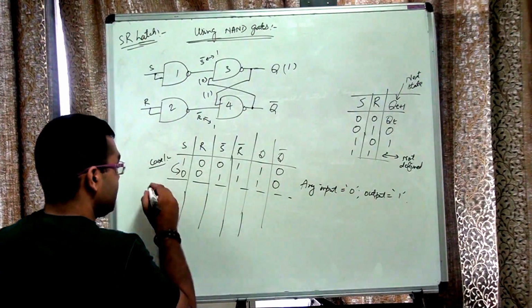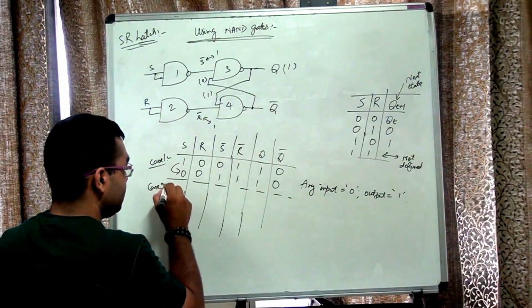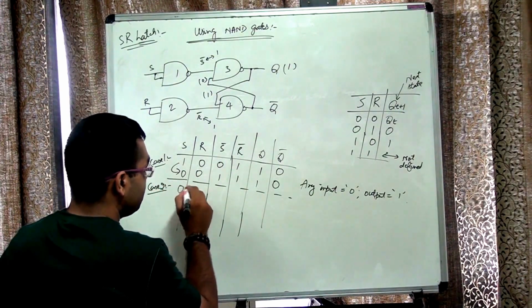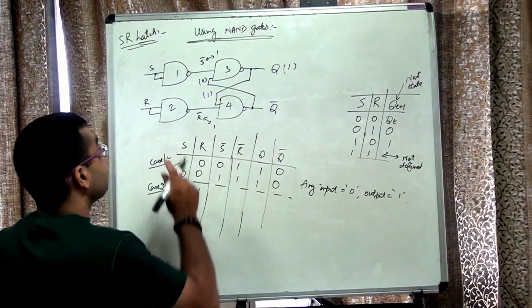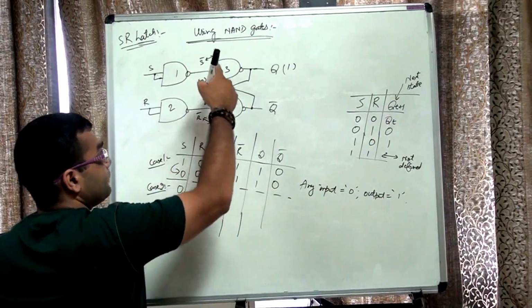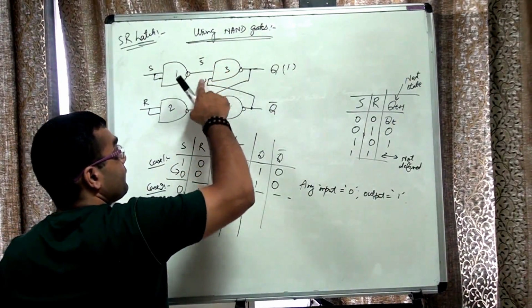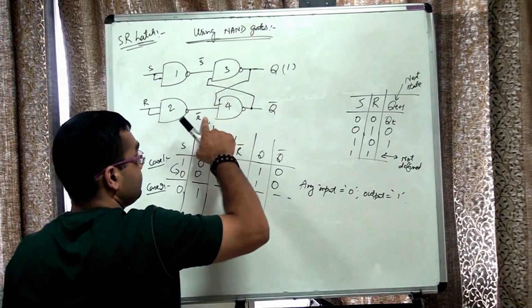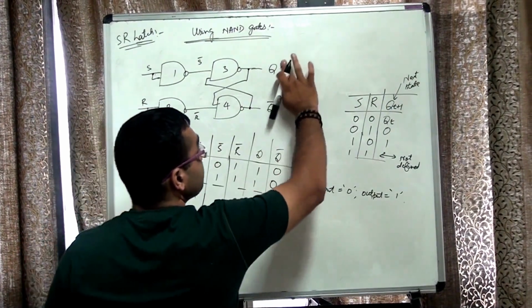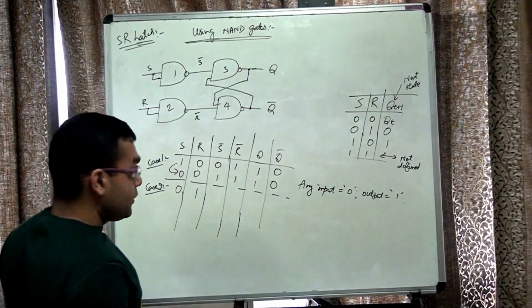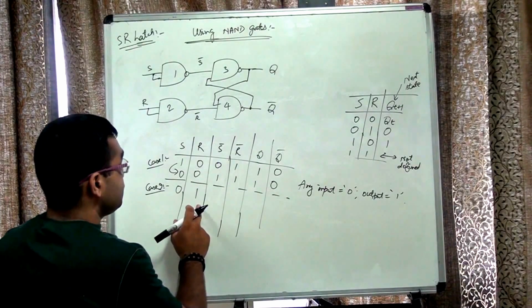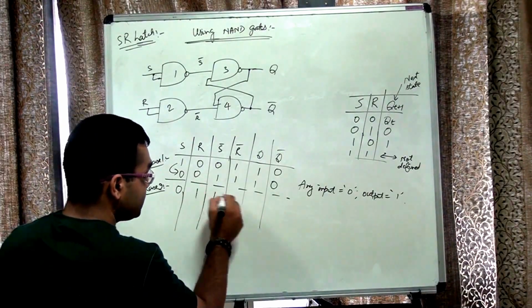Alright. Now case 2, if we consider, we start with this has 0, this has 1. So with this has 0, this has 1, this S bar comes out to 1, and this becomes 0.